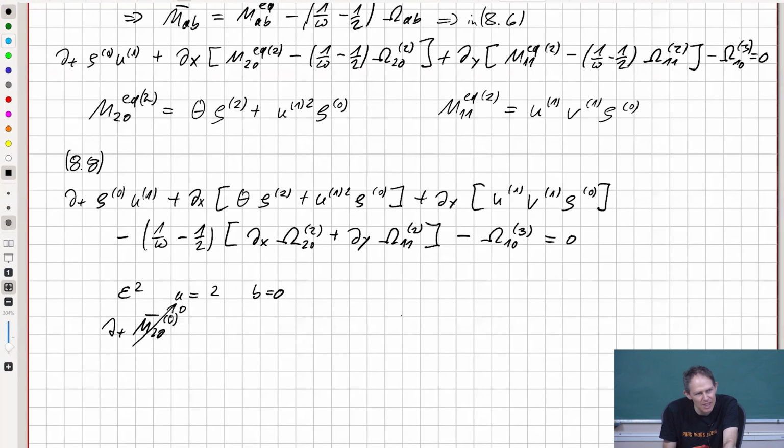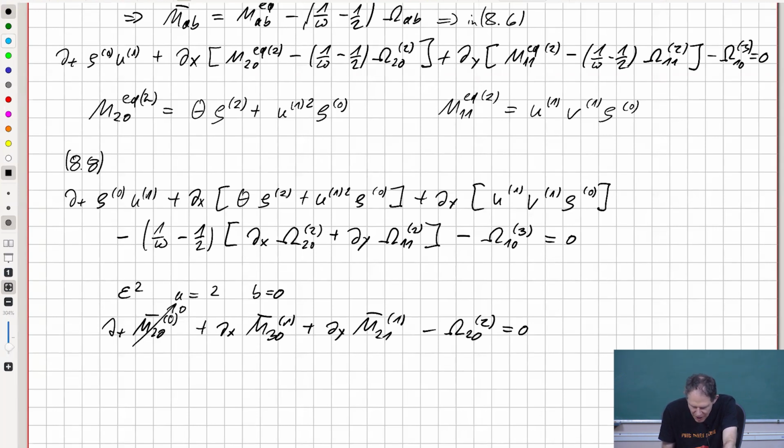We know that this disappears because this is constant in general for all the moments. Then plus dx m30 to first order plus dy m what indices? 2, 1, and here again to first order, minus omega 20 to second order is equal to 0.